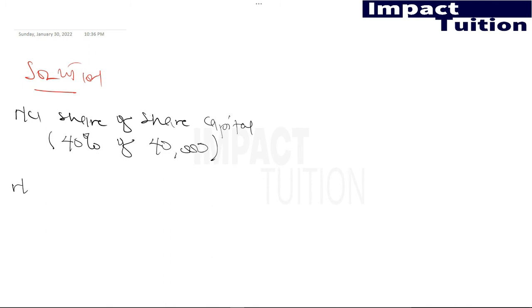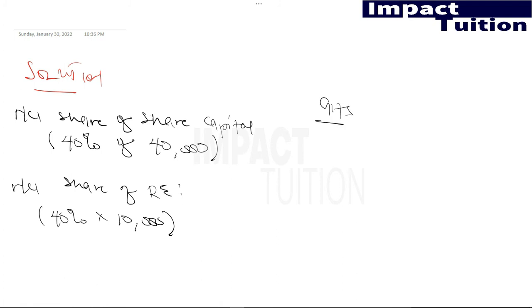And the NCI share of retained earnings will be 40% of 10,000. 40% of 40,000 will give us 16,000, and 40% of 10,000 will give us 4,000.